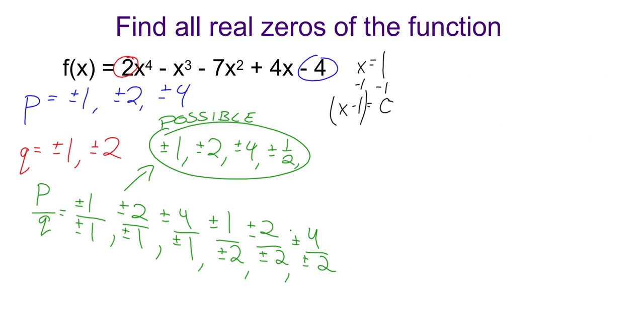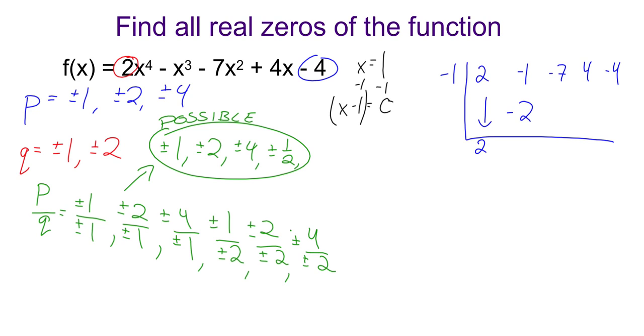So now we go back. Now we try negative 1. We're trying 8 numbers from infinity, and once we get 1, we're a little bit better off. So negative 1, and on the inside still goes the same thing: 2, negative 1, negative 7, 4. Bring down the 2.